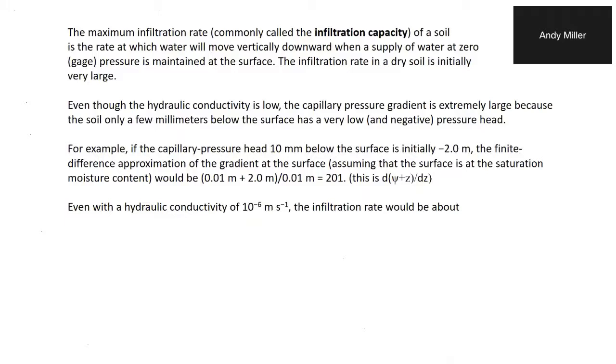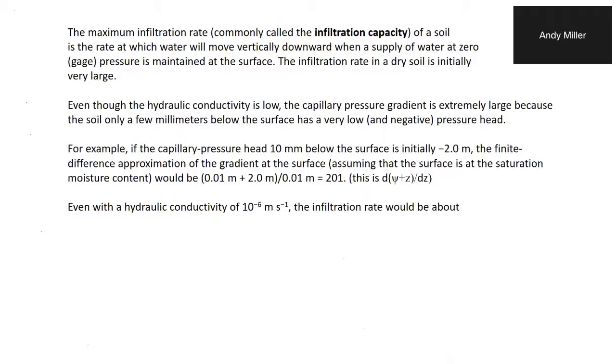All right, so dh/dz we've just said is equal to 201, right? That's dimensionless because h and z are both lengths. So that times K, which we said is 10 to the minus 6 meters per second, right?